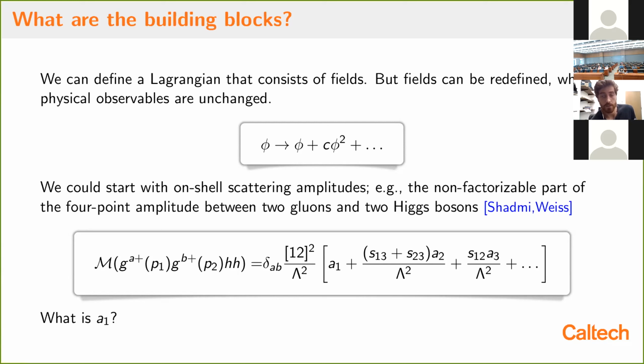There are no fields and no redundancies in this expression. But you might ask, what are these coefficients, A1? Do they have any inherent meaning, or are they just arbitrary random parameters you use? I'll get back to this point in a later part of my talk.